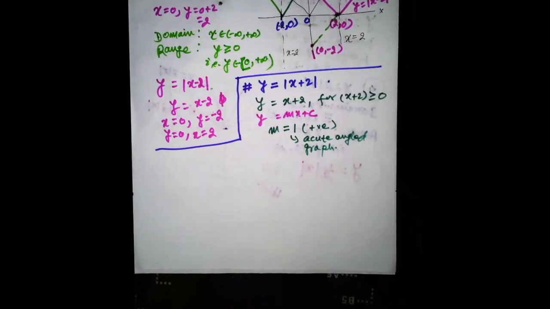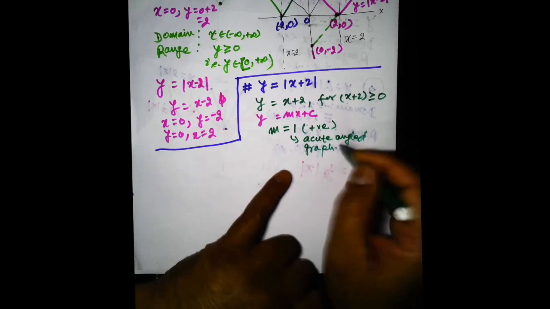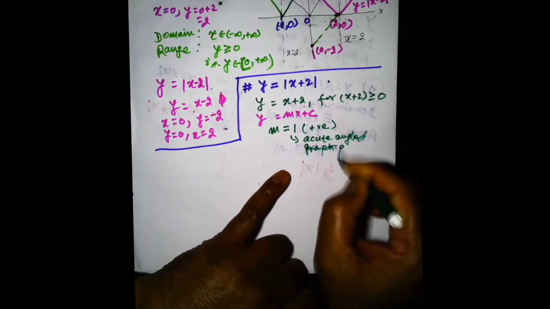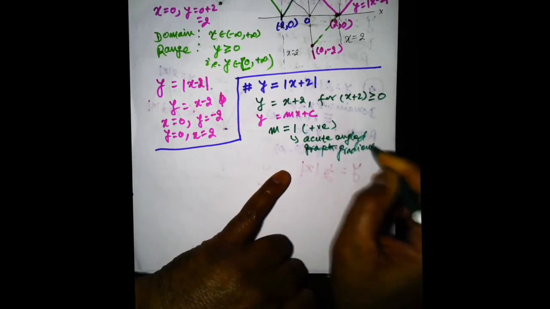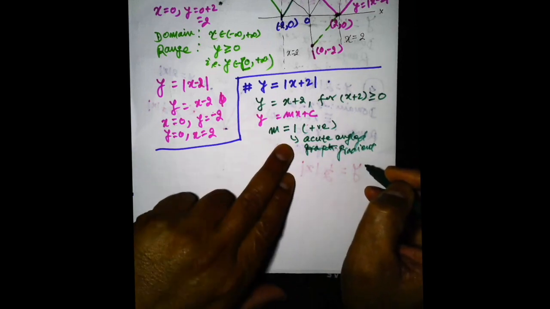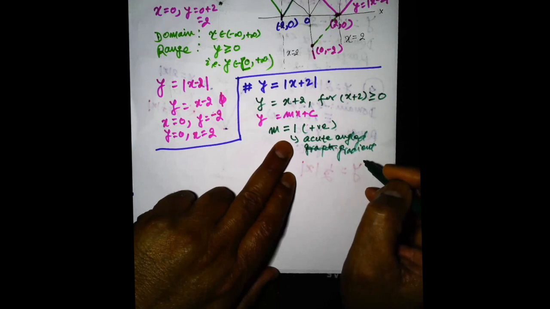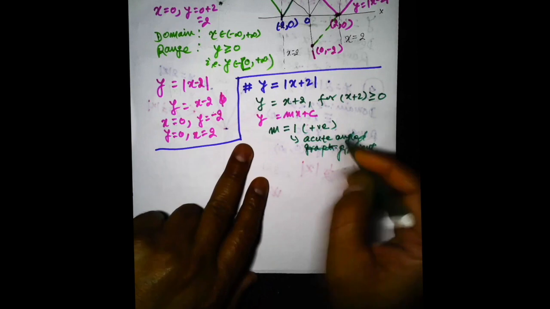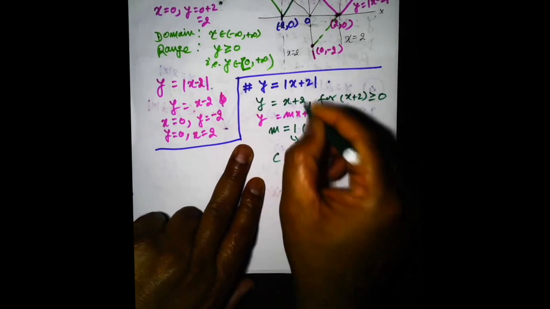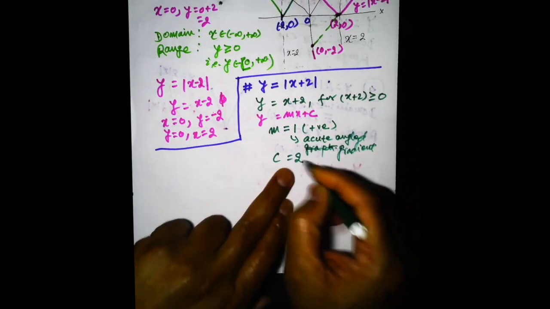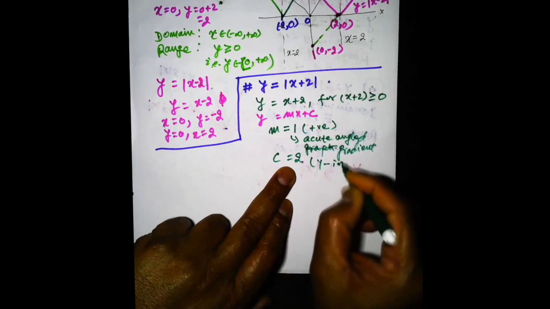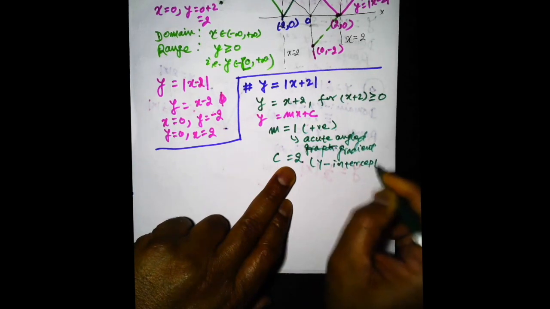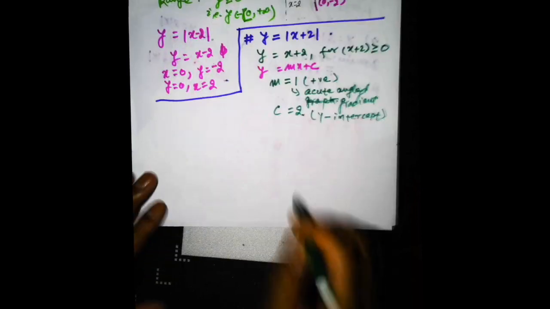If that were negative, that would give you an obtuse angle gradient. So one thing we are sure of is that our gradient angle is going to be less than 90 degrees in the first quadrant. And if you compare these two equations, the c value is 2. That means the y-intercept is 2.